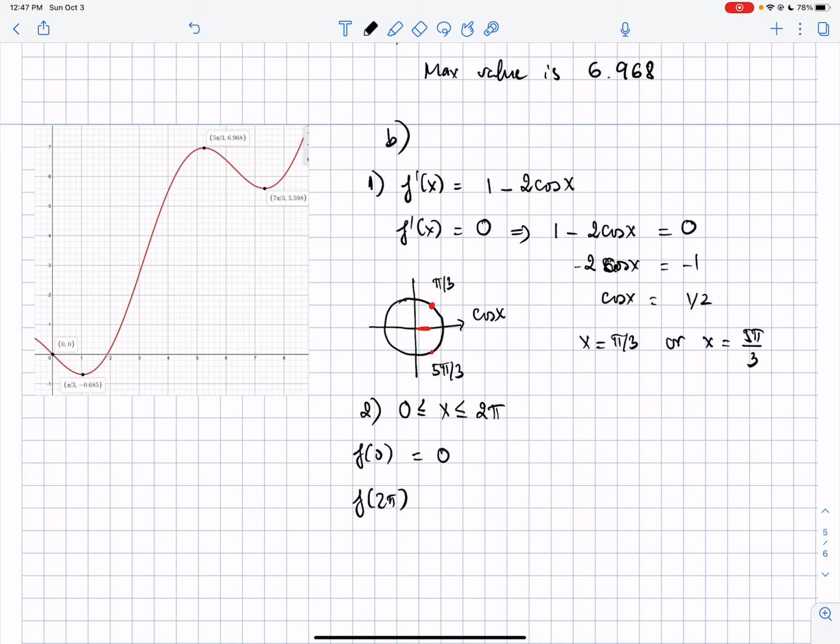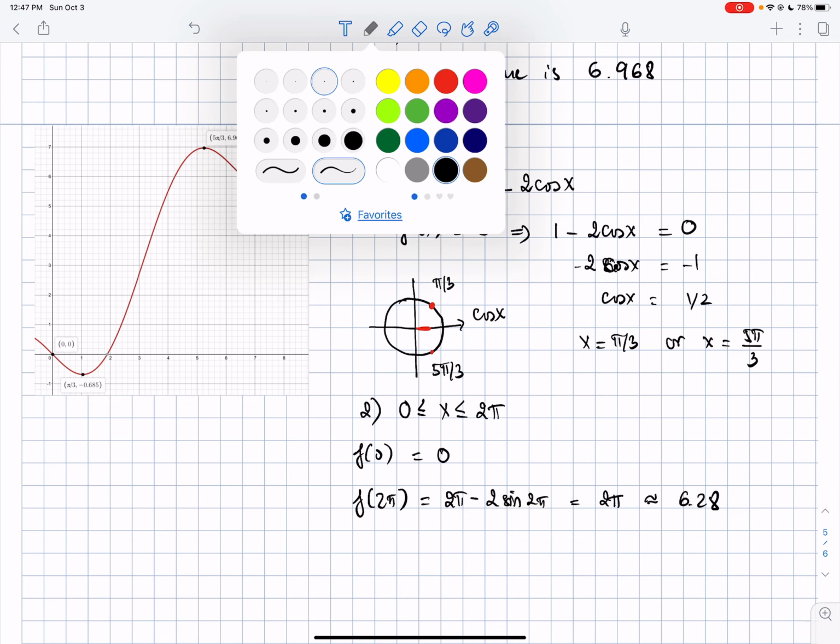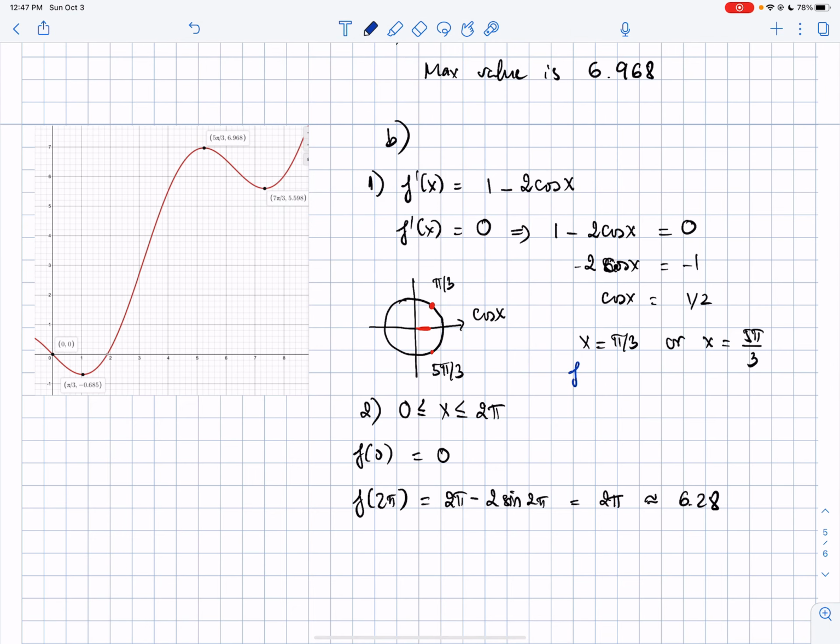We plug into the function f of x. And f of 2 pi is 2 pi minus 2 times sine of 2 pi, and it gives us 2 pi, which is about 6.28. And we don't forget to find the values at the critical points, so f of pi over 3 and f of 5 pi over 3.